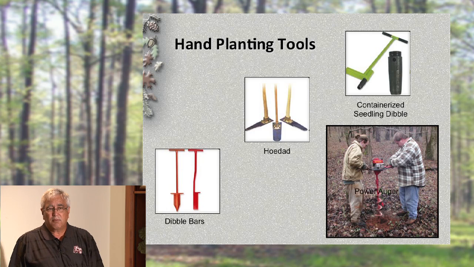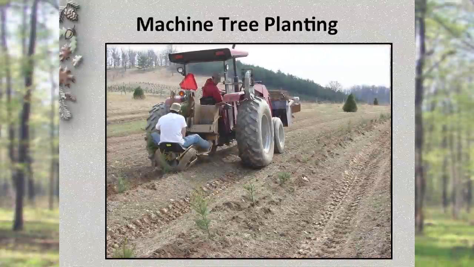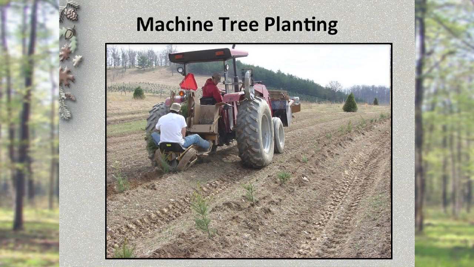The picture at the bottom portion of the right-hand slide shows an auger situation where you're planting much larger seedlings, or a larger containerized type of seedling, which would cause a much larger hole. Machine planting can either be done in multiple rows, or you can do a single row, as shown in this particular slide.